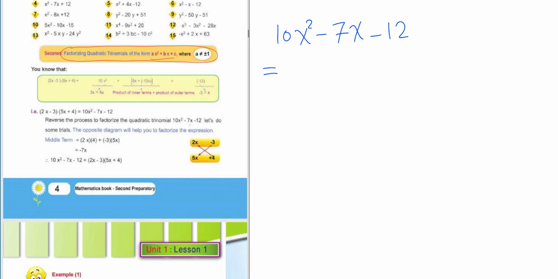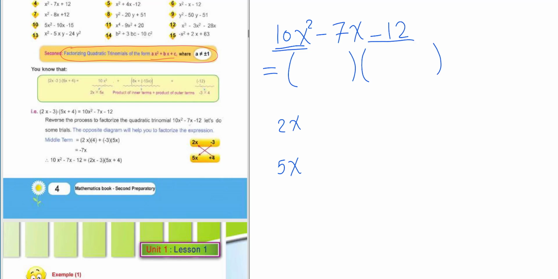So to factorize this quadratic trinomial, at first we must do some trials. 10x² is the product of 2x times 5x or 1 times 10. Let's do 2x times 5x at first.